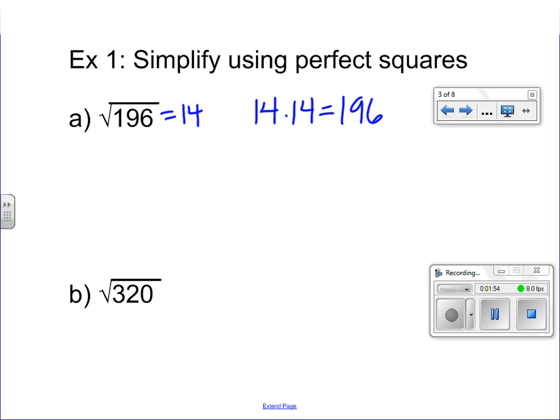On the next one, however, when we plug 320 into our calculator, we get approximately 17.889, and that is not an exact answer. Your calculator showed 17.88854382, so that's not what we want.